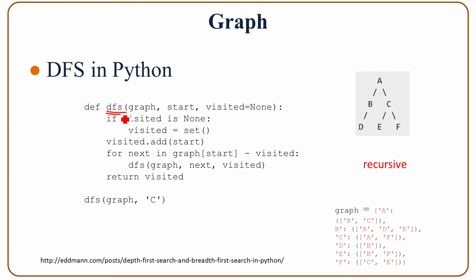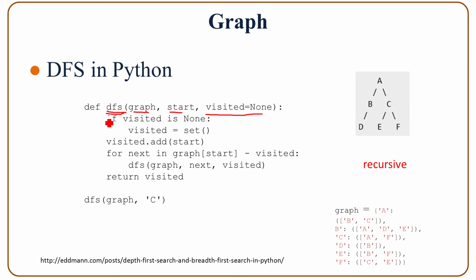So the name of the method is DFS with a number of arguments. Visited by default is none.